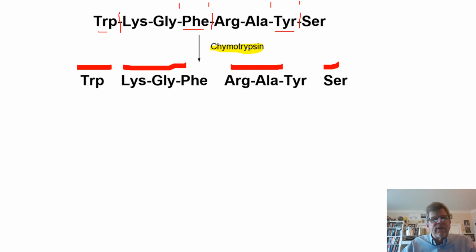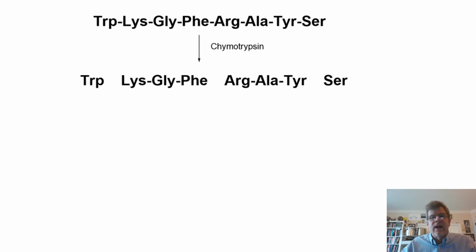So let's move on here. Let me actually clean this up a little bit. We'll take that fragment profile that we see that's visible right now, and we're going to treat that with trypsin. You can probably see where this is going. Trypsin cleaves at basic side chains, notably lysine and arginine.